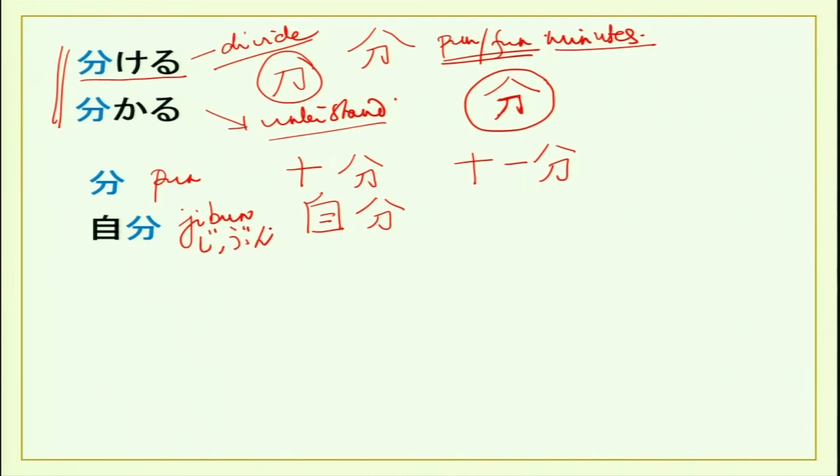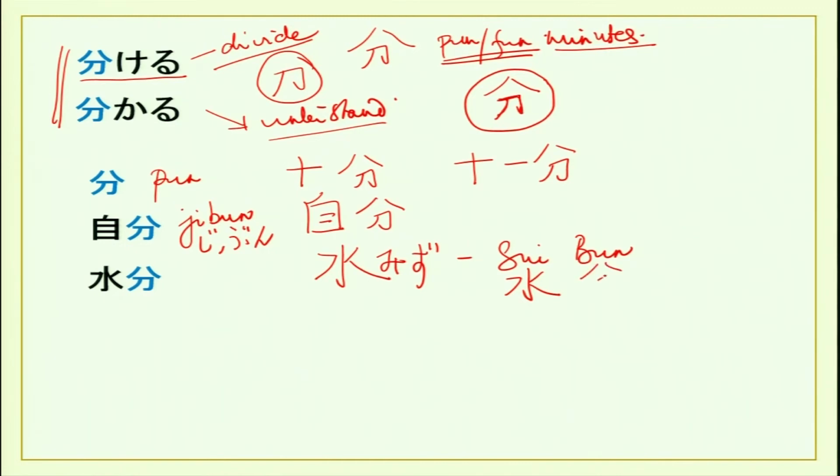Then we have suibun, this is mizu, you have done it as mizu, suibun. So, over here 4 strokes and then again 4 strokes, suibun.